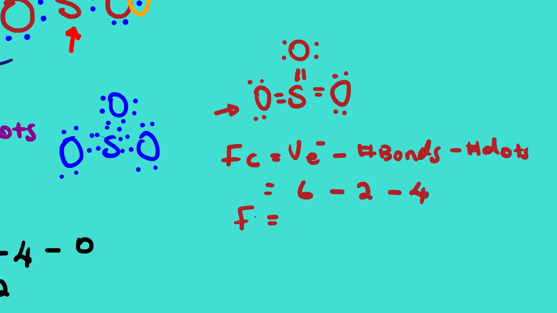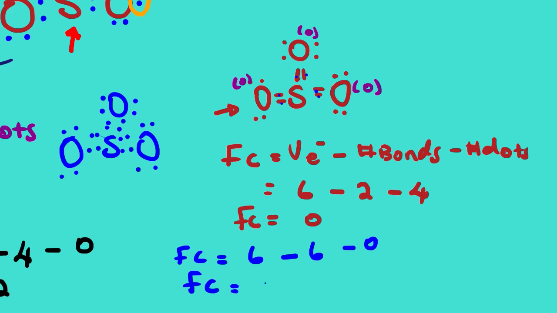So you can see that the formal charge in this case will be 0. So the formal charge for this oxygen is 0, for this one also 0, and 0. And then for sulfur, the valence electrons is 6, minus the number of bonds, we have 1, 2, 3, 4, 5, 6, minus we don't have any dots, so you can see that sulfur has 0 formal charge.